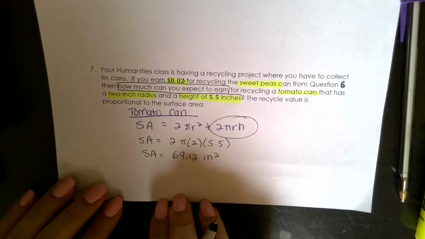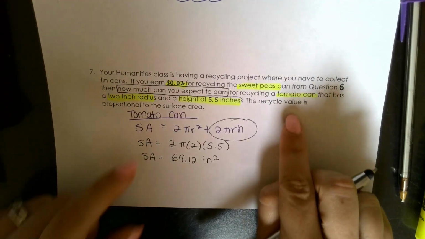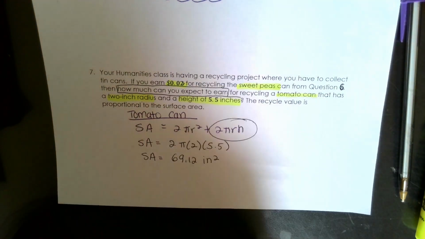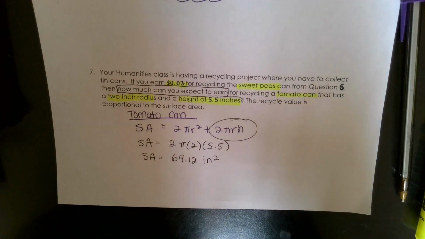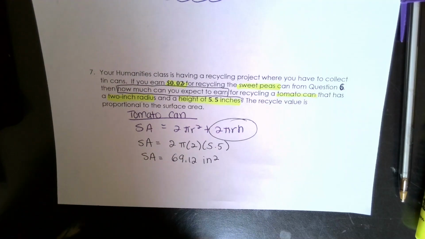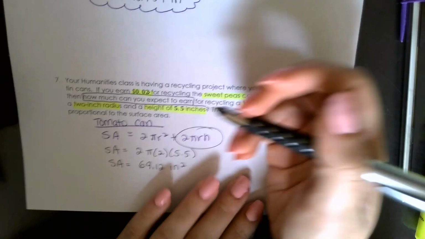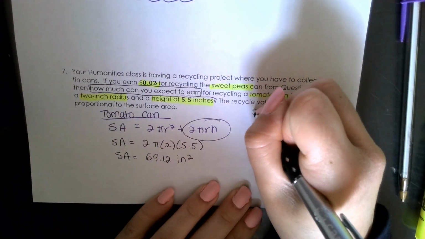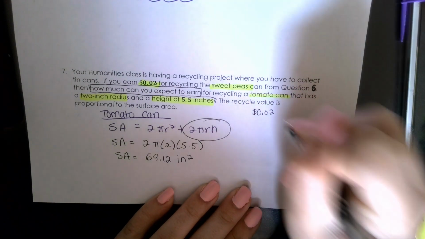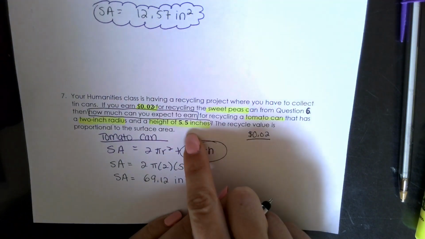You're not done. The question is asking how much can you expect to earn? And it says the recycle value is proportional to the surface area, meaning you could go ahead and make your fractions equal to each other. Now there's more than one way you can make your proportion. You could do $0.02 for that surface area, because remember it says that's how much you earn for the sweet peas.